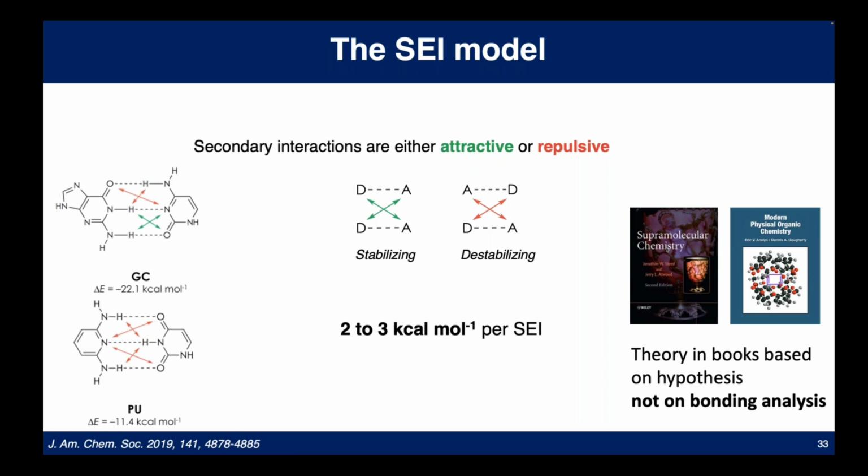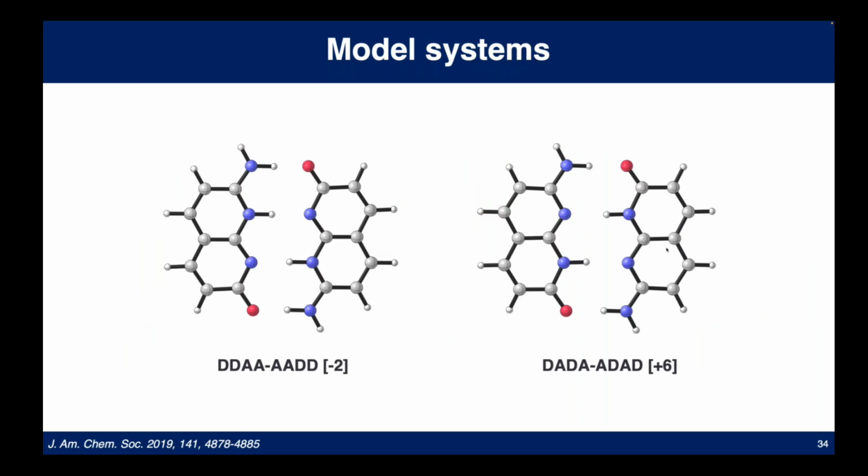So what we did is we went to model systems. We have two systems that are almost the same. The only difference is the location of this proton. In the DDAA system you have net attractive interactions, and the DADA system has net repulsive interactions.